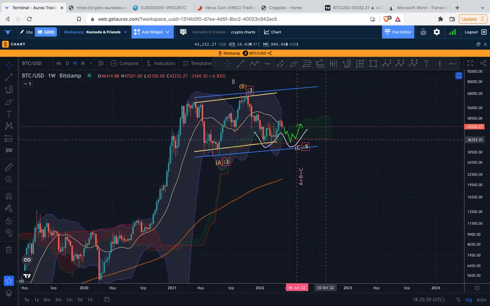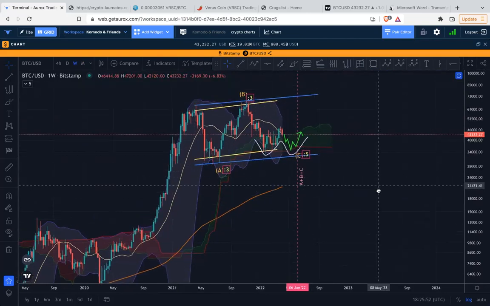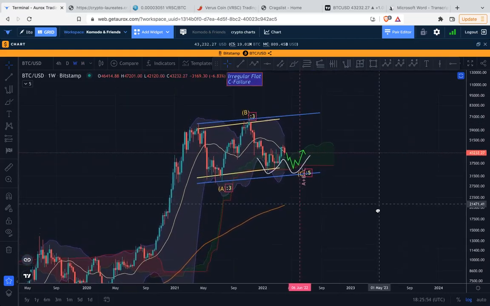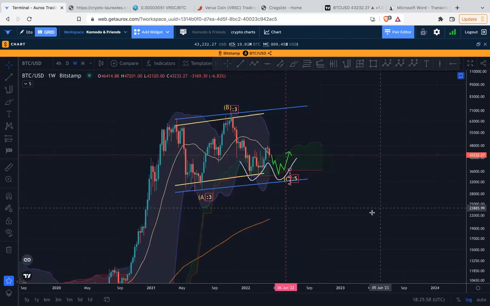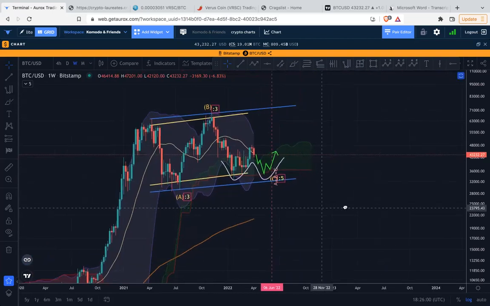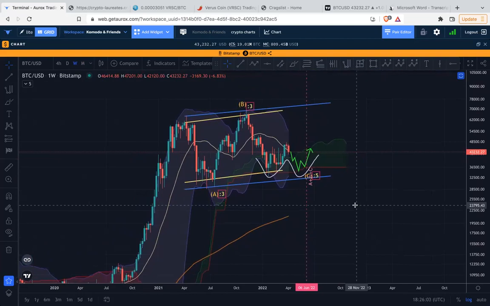All right. I'm calling macro flat as the first count, but really, there's a good chance that you can't even count Bitcoin using Elliott wave or Neowave. Or I shouldn't say you can't do it. I should say that it just doesn't follow the expected rules in the same sense.